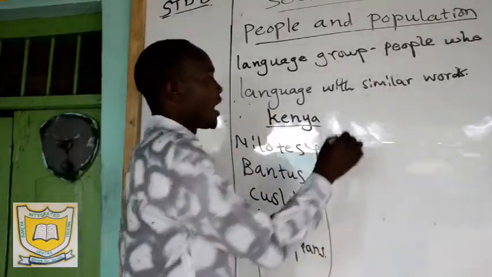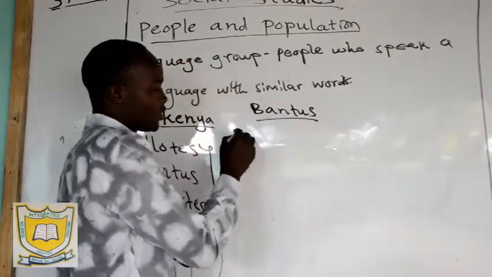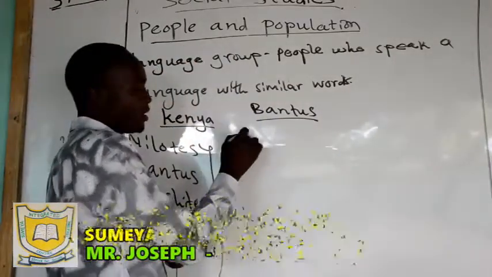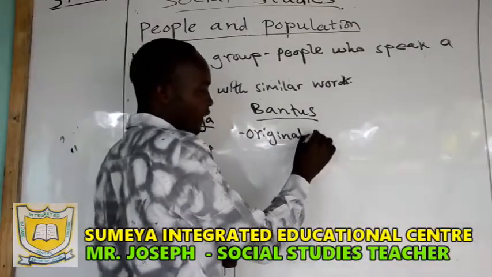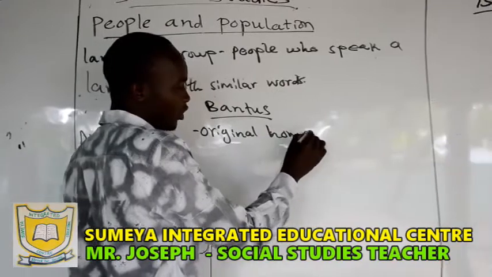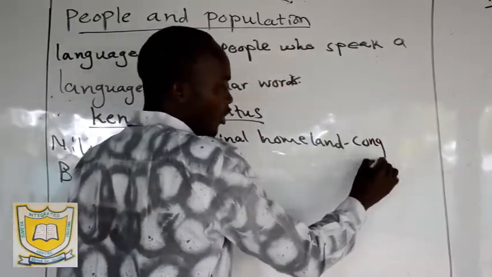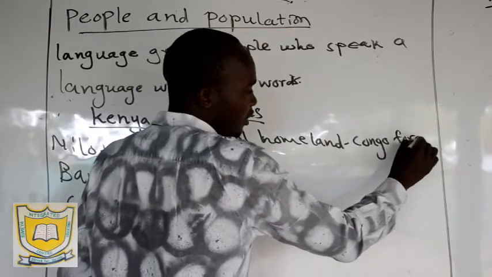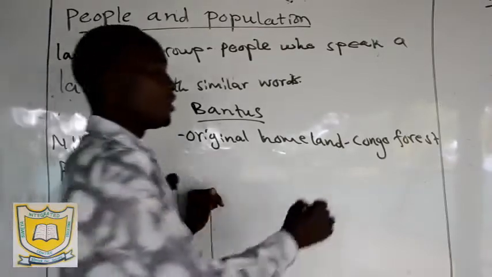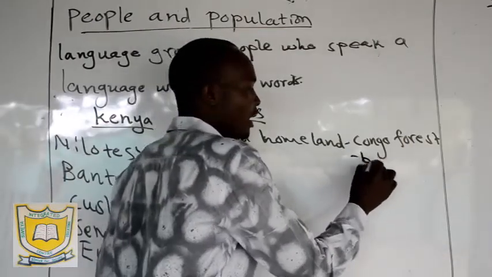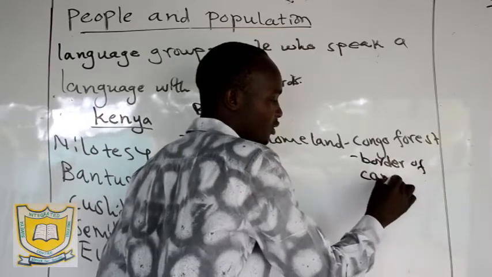So we shall start with the Bantus. On the original homeland of the Bantu, we said these people originated from the Congo forest. Bantu mainly came from the Congo forest, or sometimes they say on the border of Cameroon.